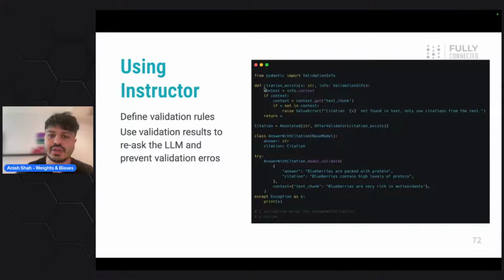So what we do is go to the context and grab the context itself. We know that the context is the text chunk itself. So if the context in general doesn't have this citation value that we want, then we know that there is a problem occurring.